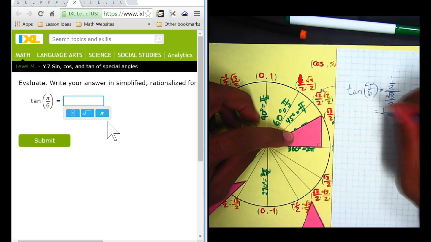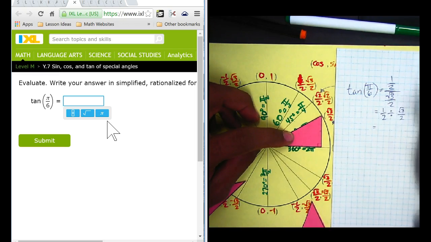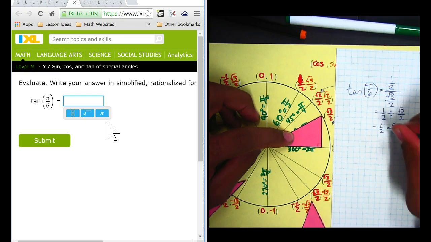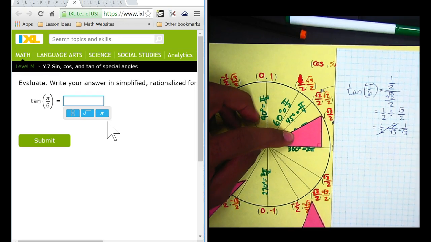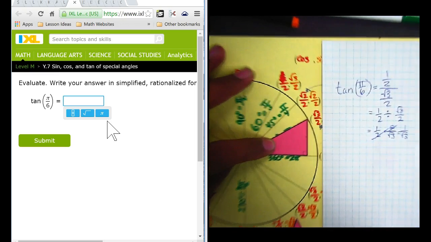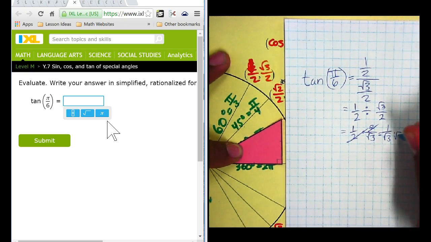Let's go ahead and set that up in a different way by separating them and putting them between the division symbol. 1/2 divided by square root of 3 over 2. And let's flip the second fraction and change the sign to multiplication. And those 2's cancel out. I get 1 over rad 3. Let me zoom in so you can see this. 1 over rad 3. And then, of course, we don't want a radical in our denominator.